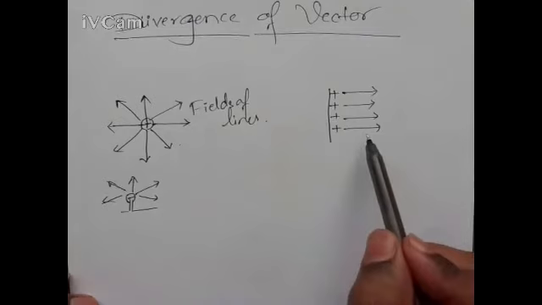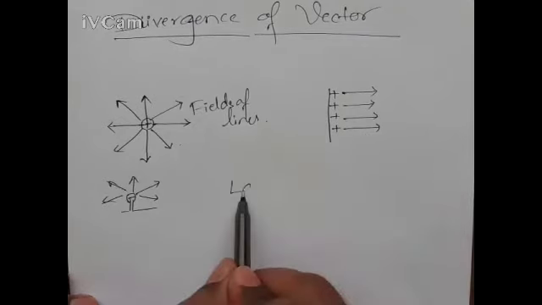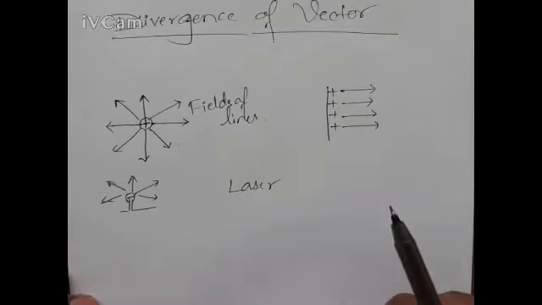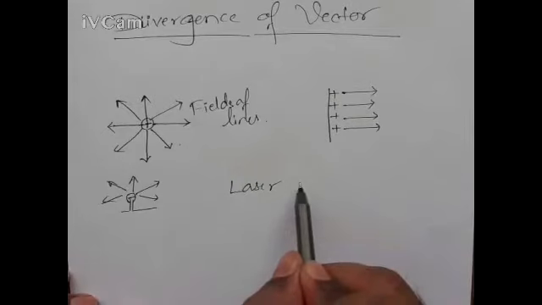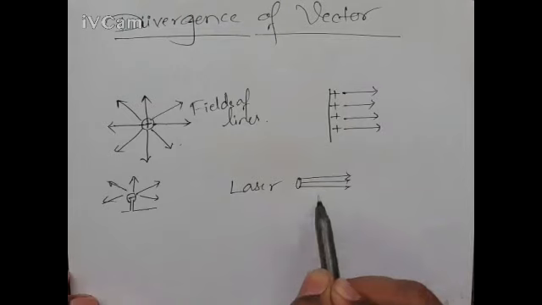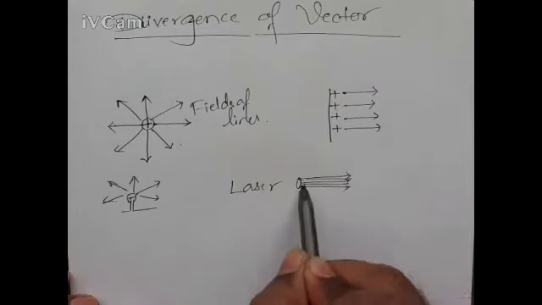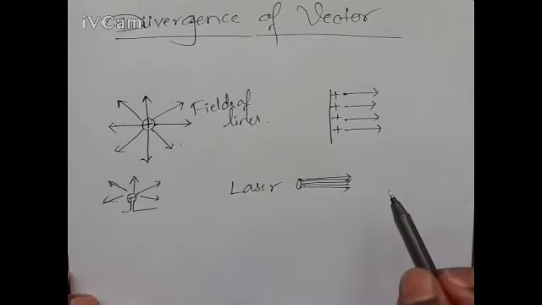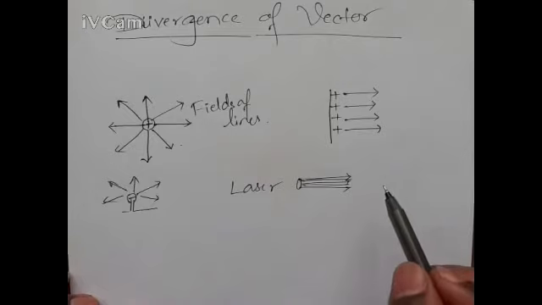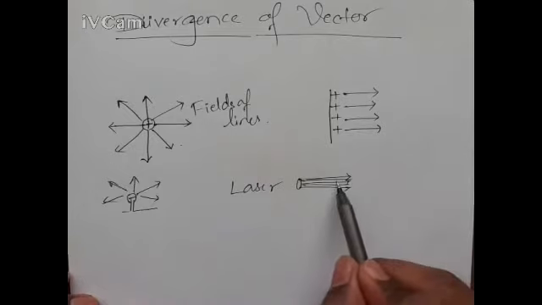Is there any divergence here? If I take laser light, when laser light is like this, what happens? The lines are going parallel to each other. Those light rays are parallel to each other. Is there any divergence here?